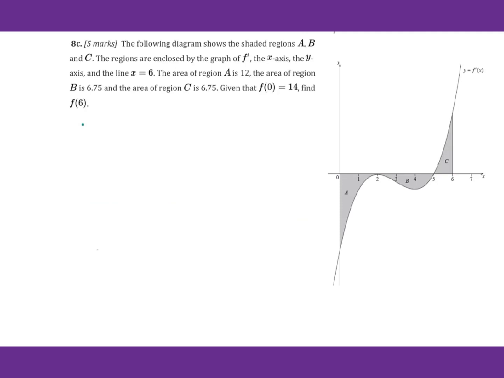Now let's go to 8c. The following diagram shows the shaded regions A, B, C. The regions are enclosed by the graph of f prime, the x-axis, the y-axis, and the line x equals 6. The area of region A is 12.